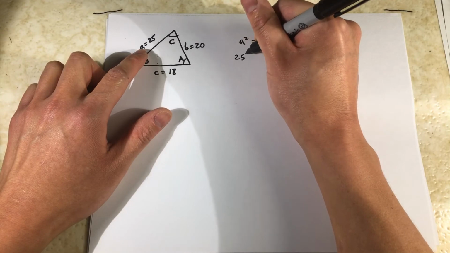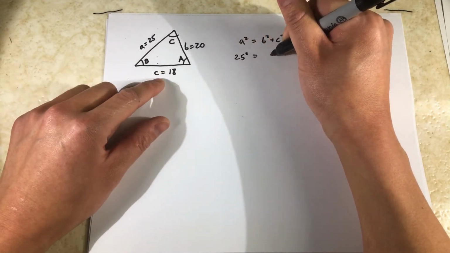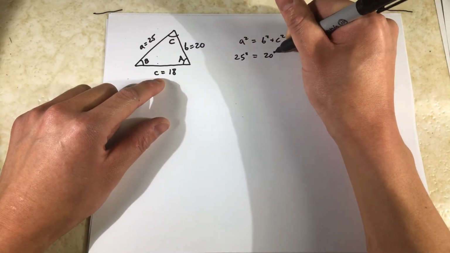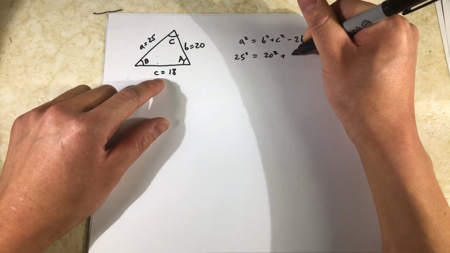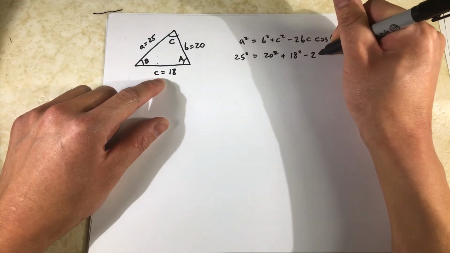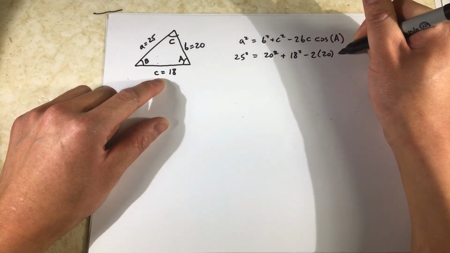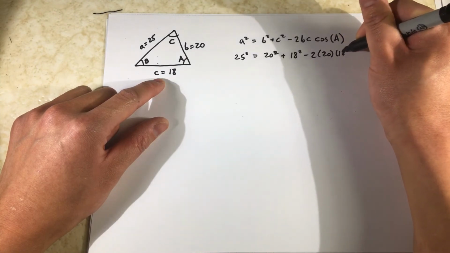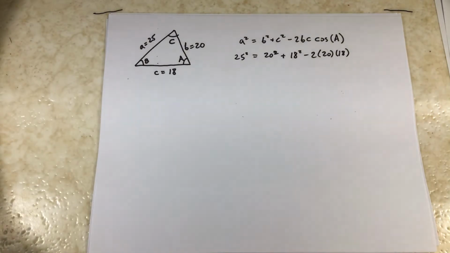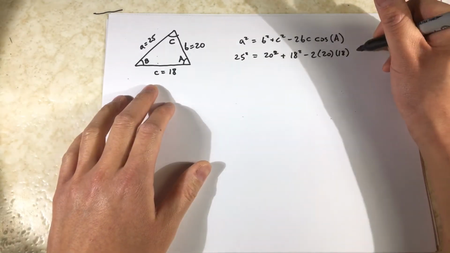So 25 squared equals 20 squared plus 18 squared minus 2 times 20 times 18. For some reason, I made a mistake.